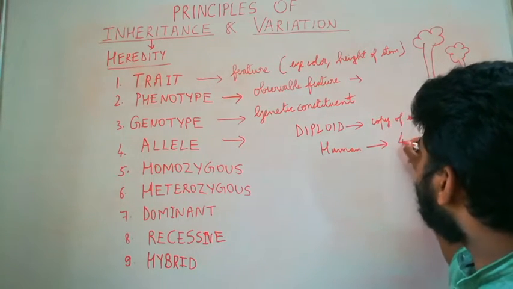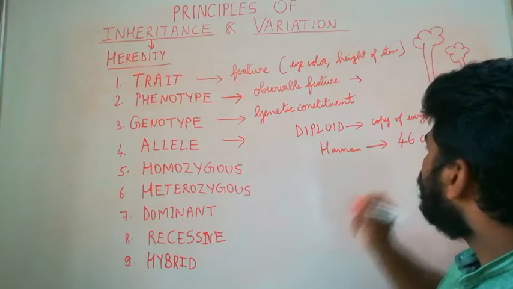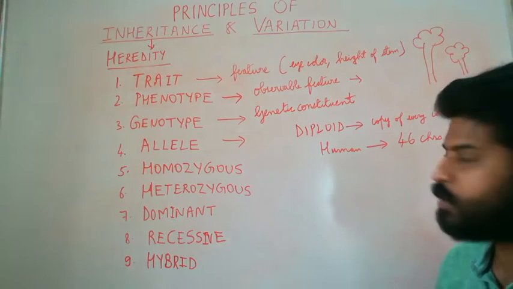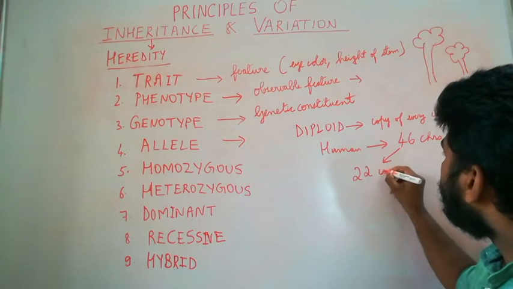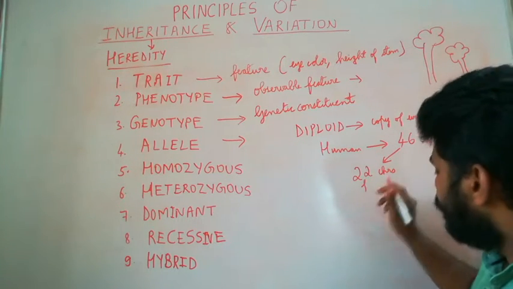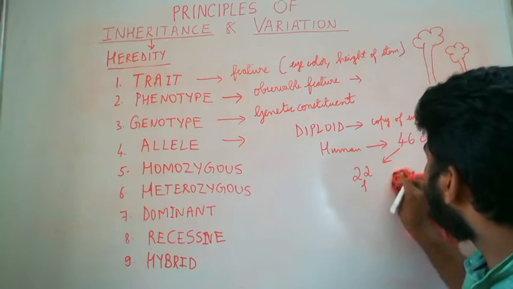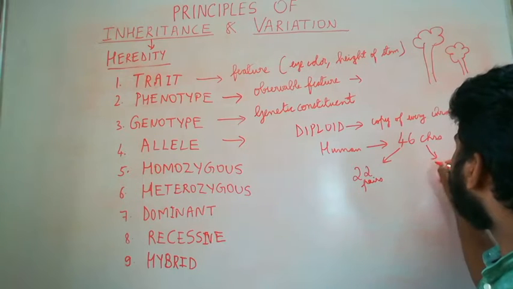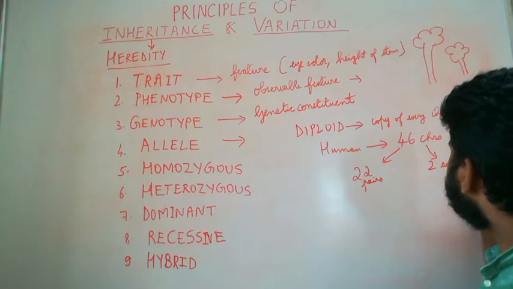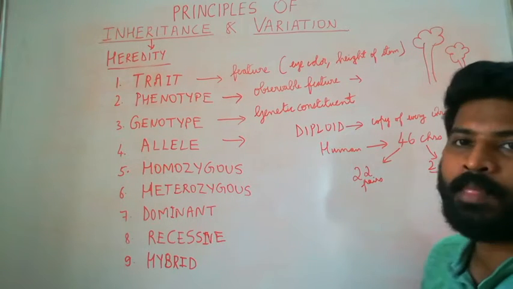Human beings have 46 chromosomes, out of which there are 22 pairs of chromosomes, and then there are 2 sex chromosomes.